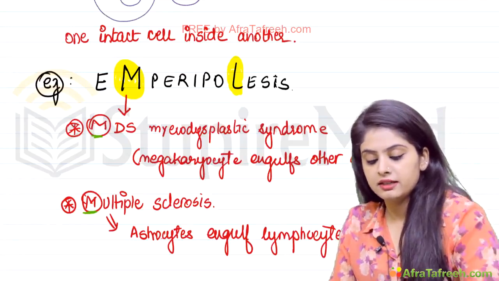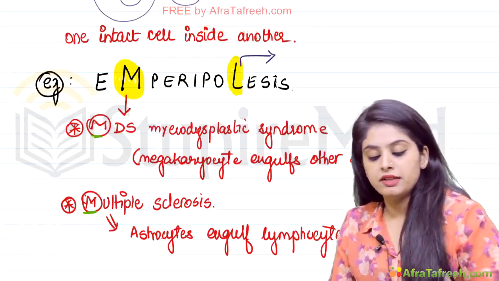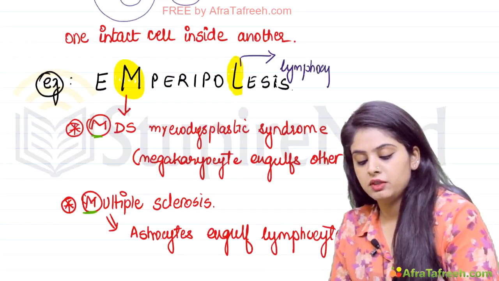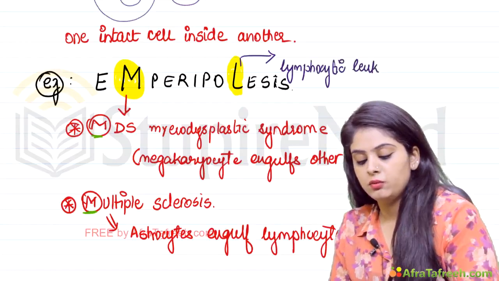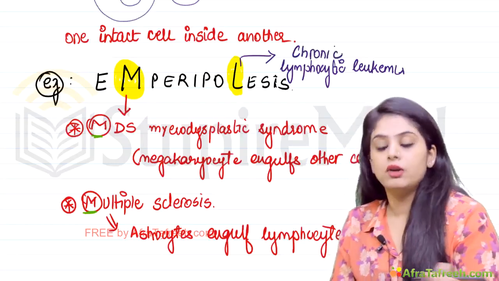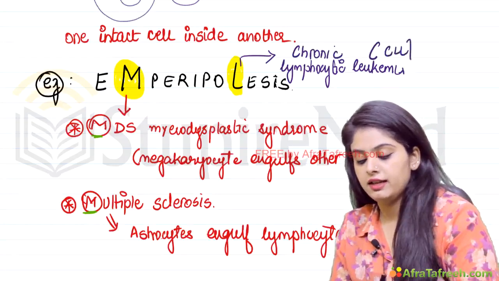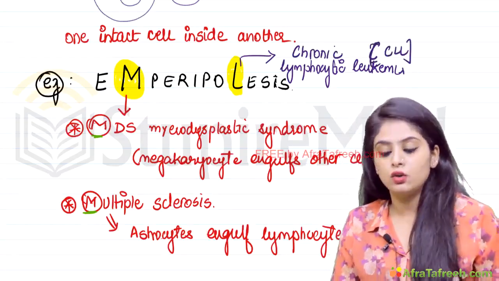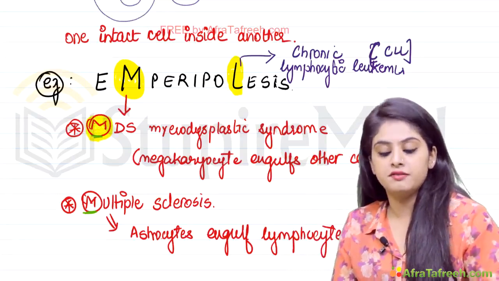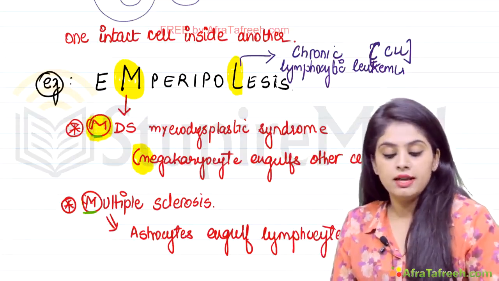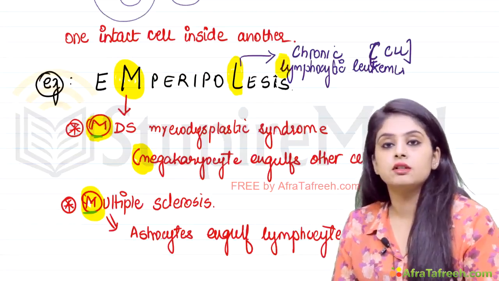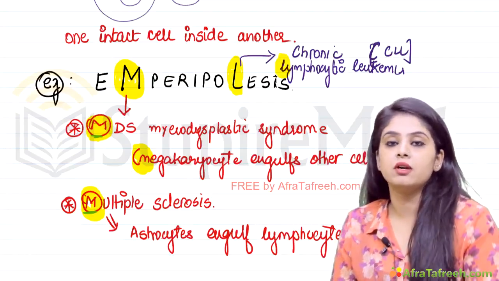The next letter I told you to focus on was L, because Emperipolesis is also seen in lymphocytic leukemia, to be more precise, chronic lymphocytic leukemia, or CLL. So two letters, M and L. M for MDS, where the megakaryocyte will show. M for multiple sclerosis. L for chronic lymphocytic leukemia, or CLL.